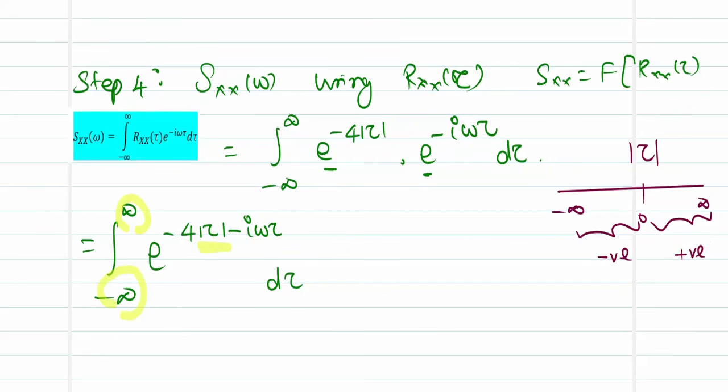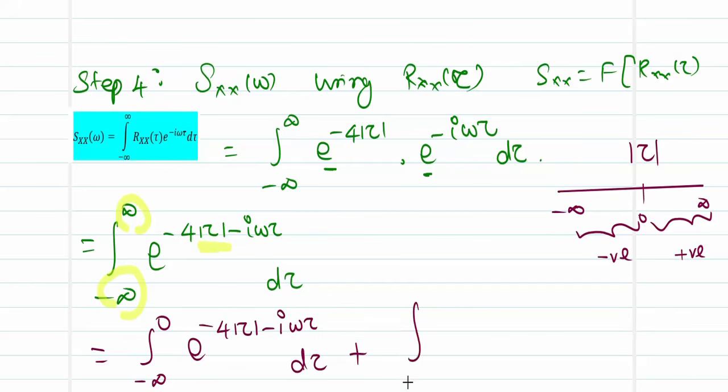So the hint given to us was to split this into the integral from minus infinity to 0 of e power minus 4 into modulus of tau minus I omega tau d tau, plus the second limit 0 to infinity of e power minus 4 into modulus of tau minus I omega tau d tau.